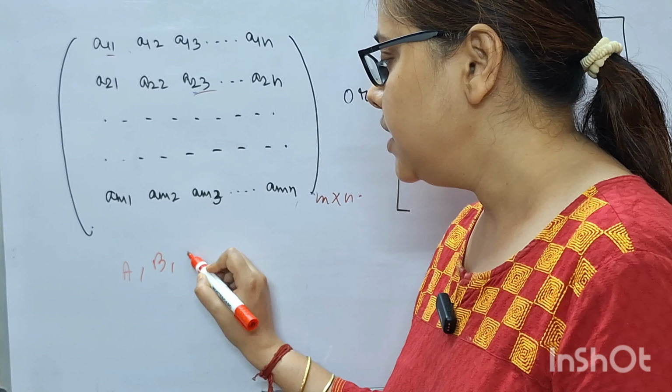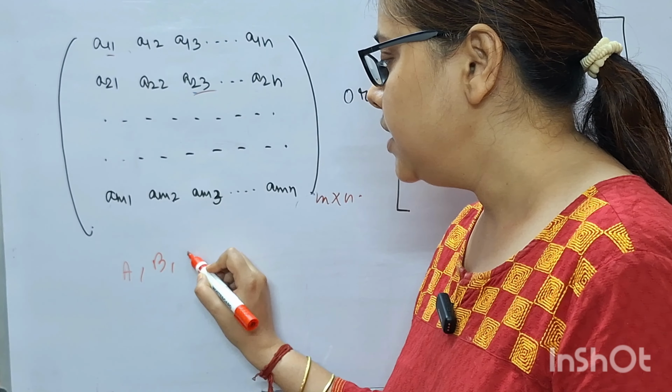Now take the 1 1 position of A and the 1 1 position of B. So the element of the 1 1 position of A, a1, plus the element of the 1 1 position of B, b1.